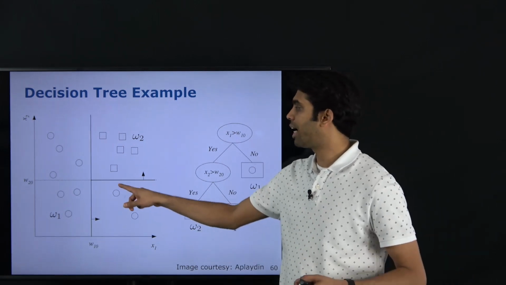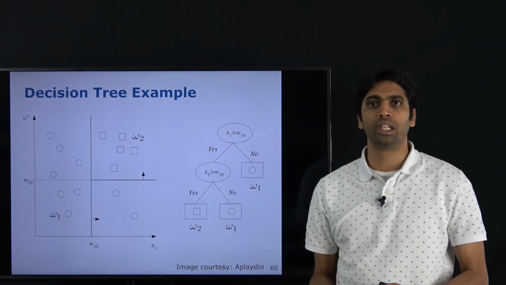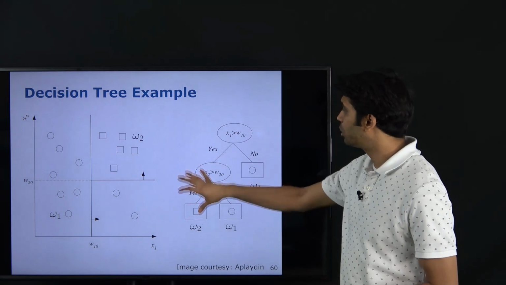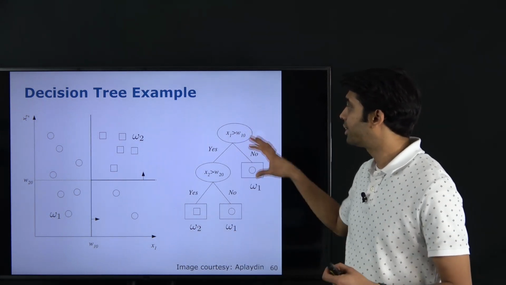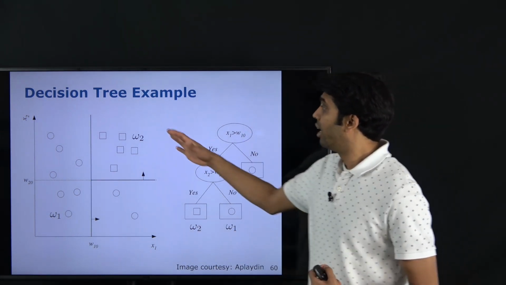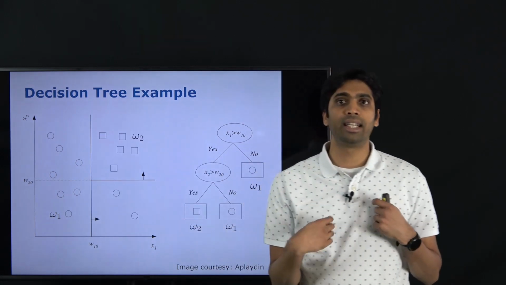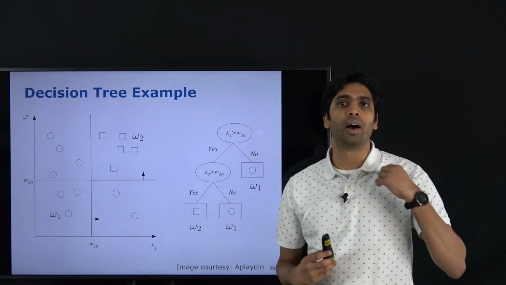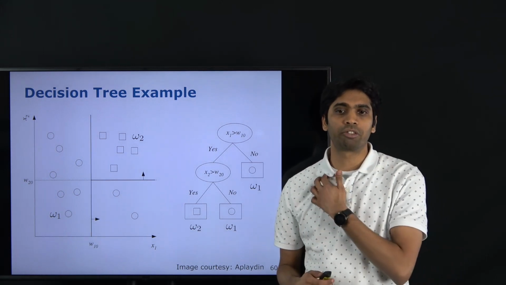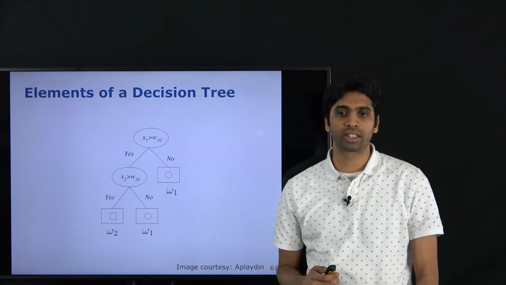And that makes sense because we actually checked this for an example which was a circle example. And in this way, this tree, or this series of questions, represents the split in the input space, which would be used for classifying in the next steps.